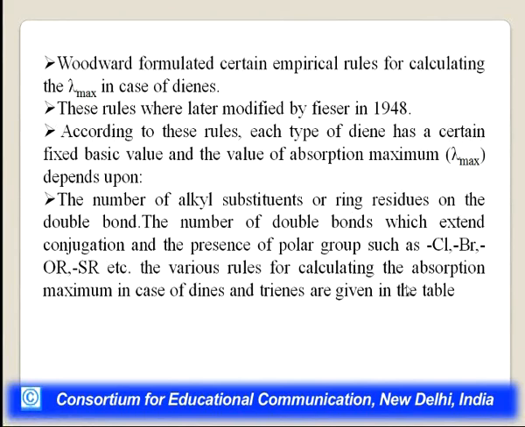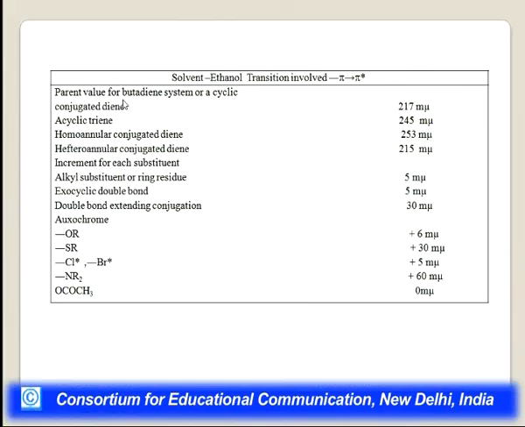The various rules for calculating the absorption maximum in case of diene are given in the table. Here you can observe the parent value for a butadiene system. For conjugated diene it will be 217 millimicron. For acyclic triene the basic value, keep in mind, is 245 millimicron.